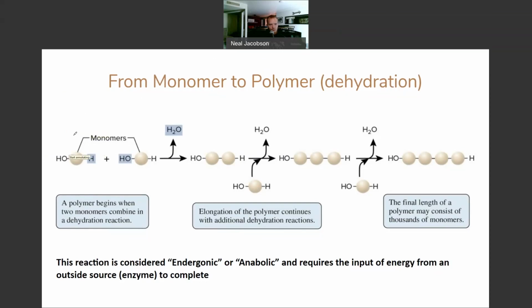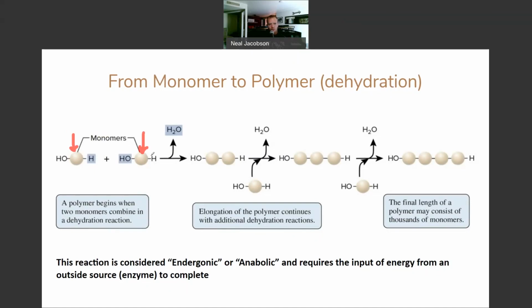Okay, so this molecule right here, that's like a glucose molecule. And glucose has a functional group of a hydroxyl group attached to it. It's also got a free hydrogen on the other side. So that's a glucose. That one's a glucose. So we've got a glucose here, a glucose here.